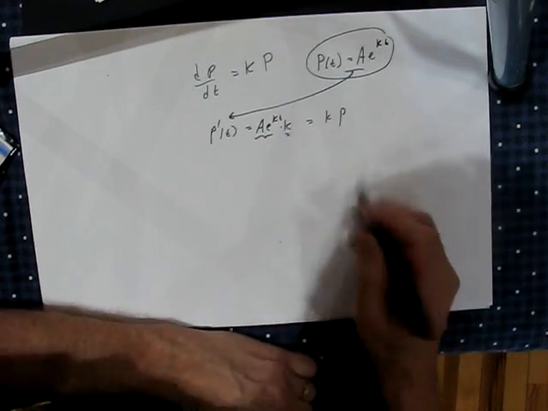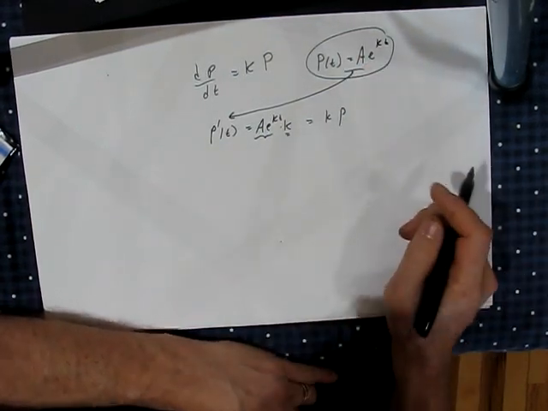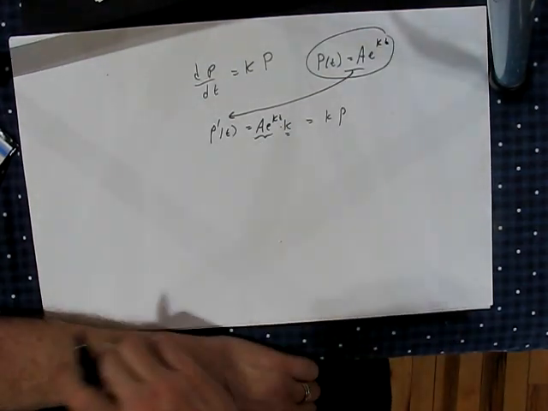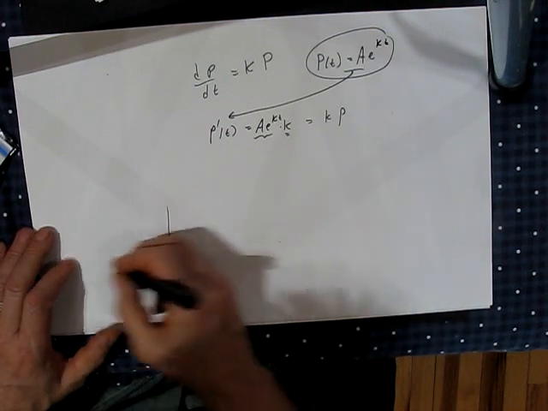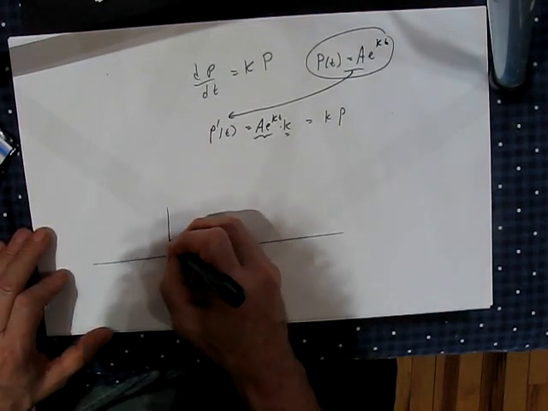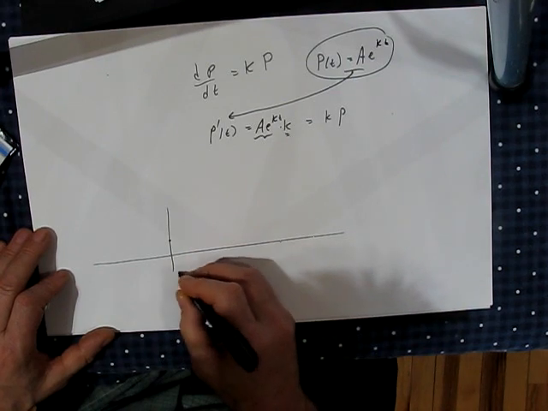So let's see if we can figure out the function that produces 2.1 children per couple when we start with, let's say, 300 people. So at time equals 0, I want to have 300 people.